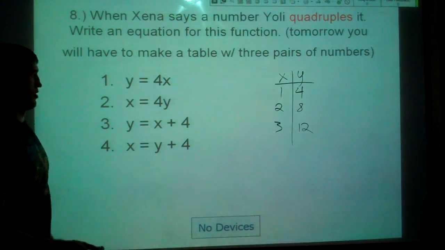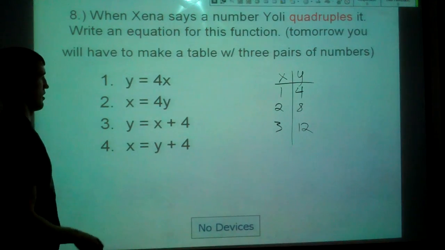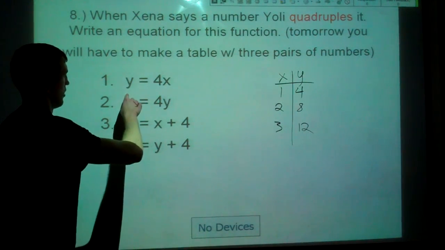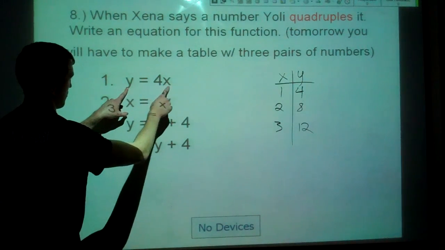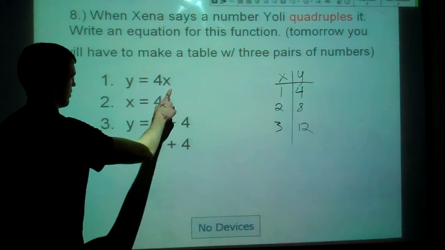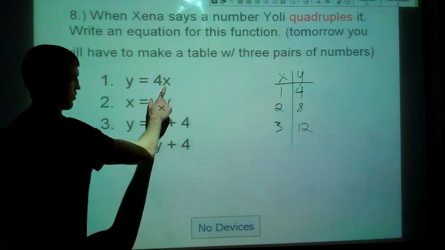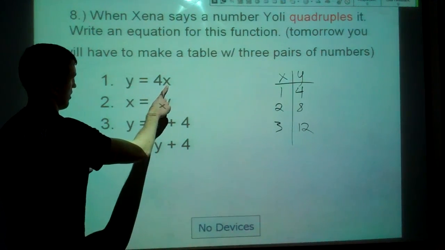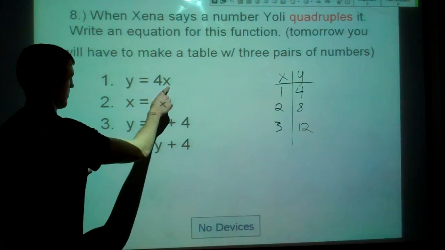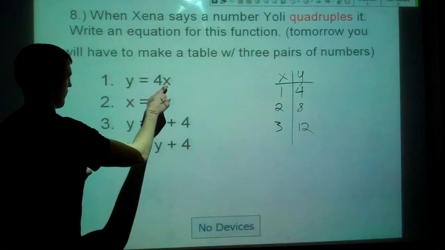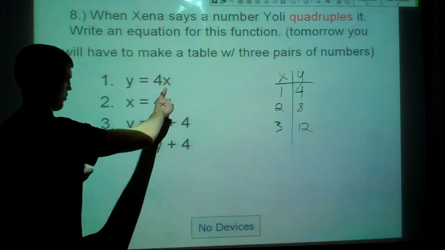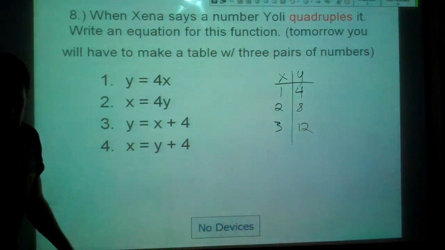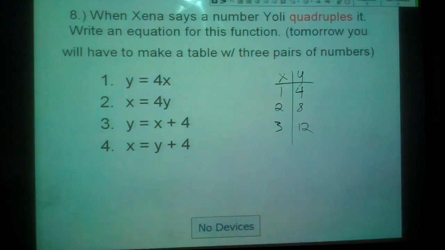Yoli's always going to have a bigger number. So we should be looking at number 1 here. Whatever Zena says, Yoli multiplies by 4, okay? So if X or Zena says 1, Yoli's number will be 4 times 1, which is 4. If Zena says 2, Yoli's number will be 4 times 2, which is 8, okay? So number 1 is the one we're looking at there.